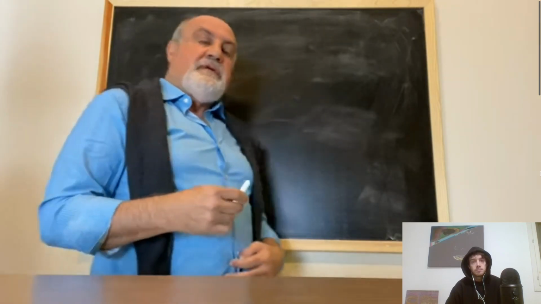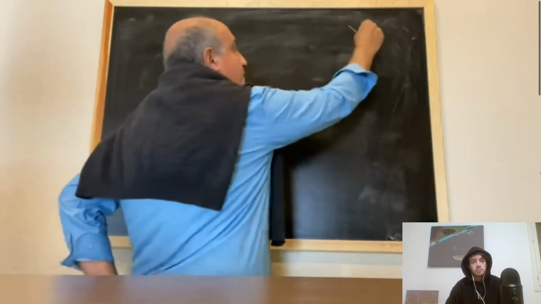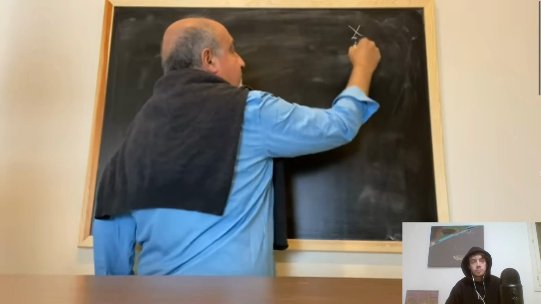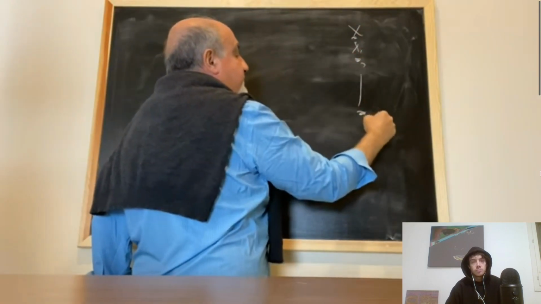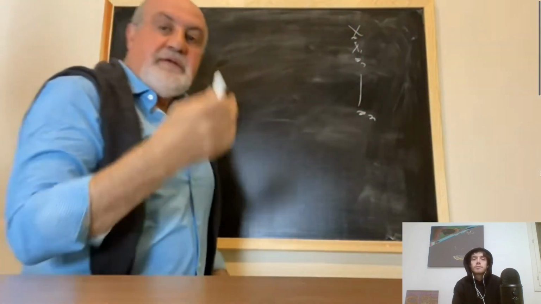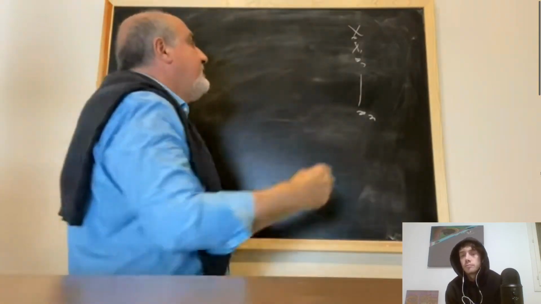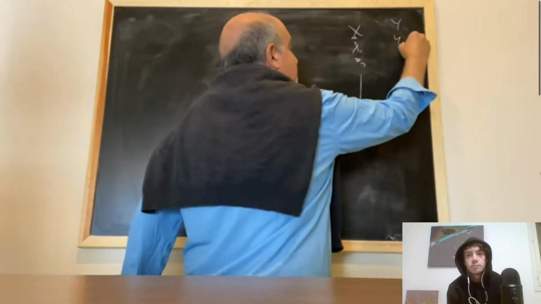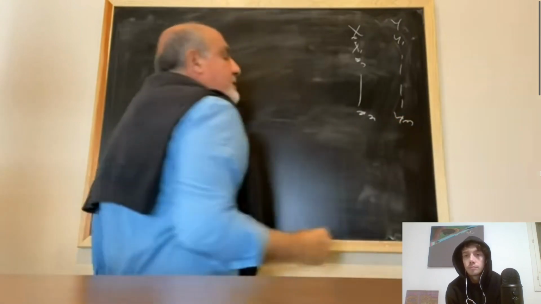So correlation is, say I have x which will equal x1, x2, xn. Okay, so I have a vector of n variables, and y, y1, yn.